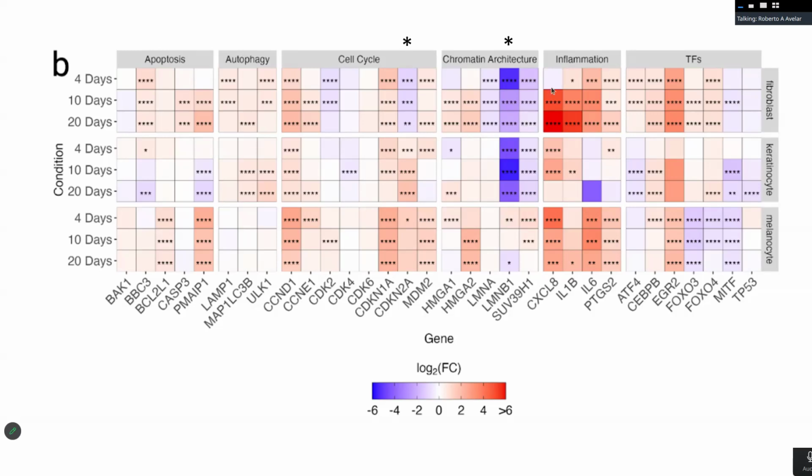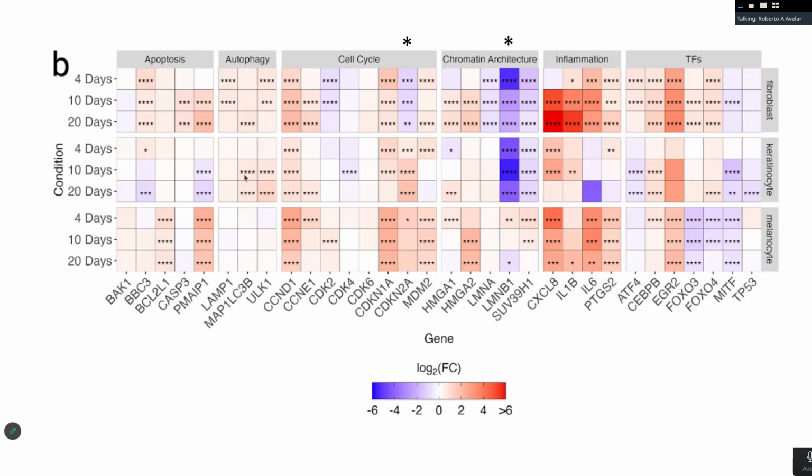We can see that the keratinocytes are a lot less pro-inflammatory across time points, which we showed in the enrichment, but we can see it in the individual genes as well. And P16, once again, is being modulated entirely differently based on the cell type and, to an extent, the time point in melanocytes as well.